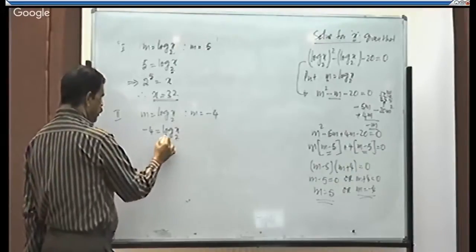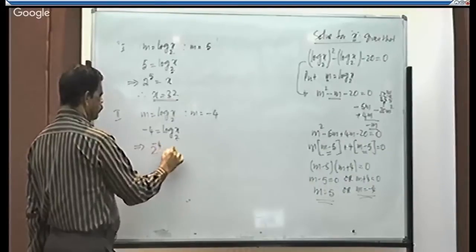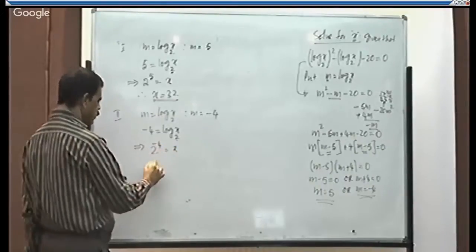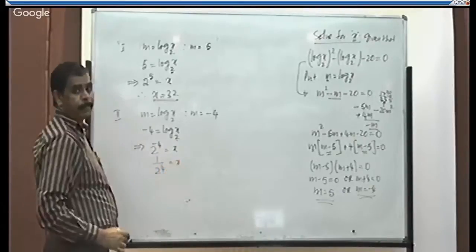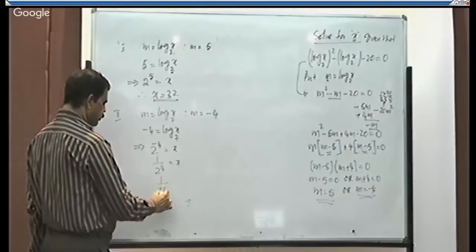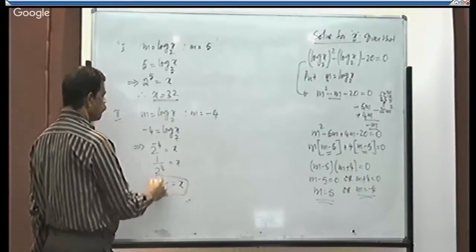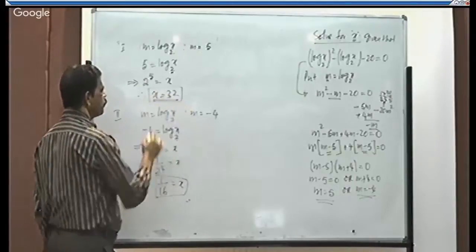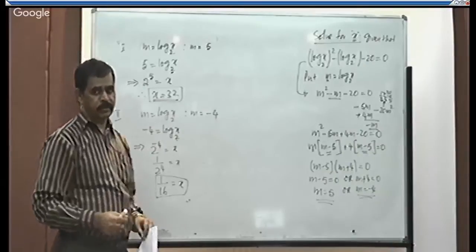Then the index form of this is what? 2 to the power of minus 4 is equal to x. Otherwise, 1 by 2 to the power of 4 is equal to x. Correct? 1 by 2 to the power of 4 is what? 1 divided by 16 is equal to x. So we have two values of x. One is 32, the other one is 1 by 16.